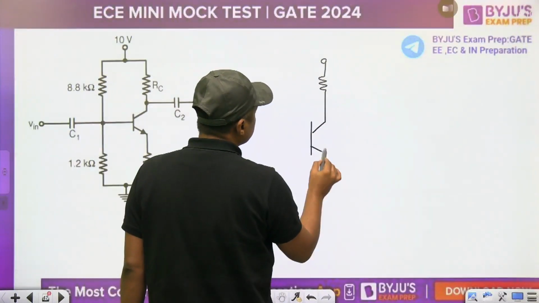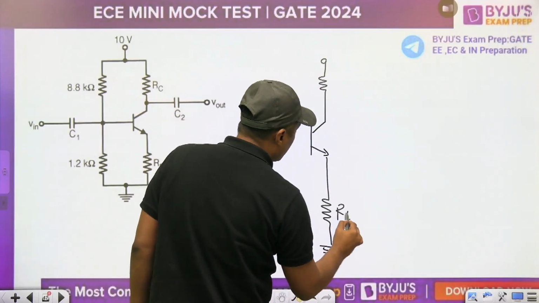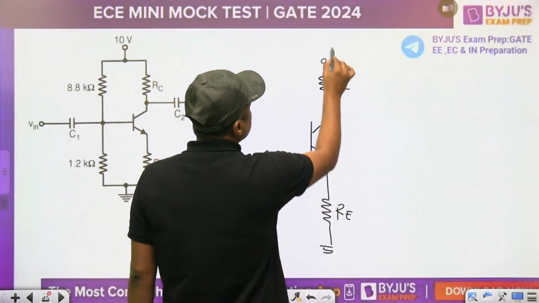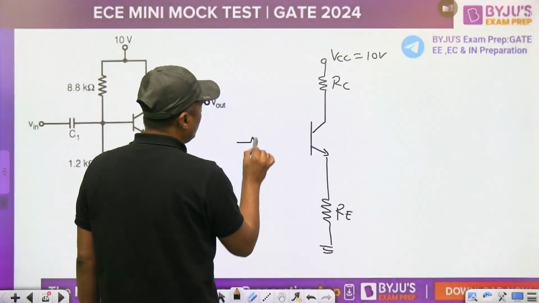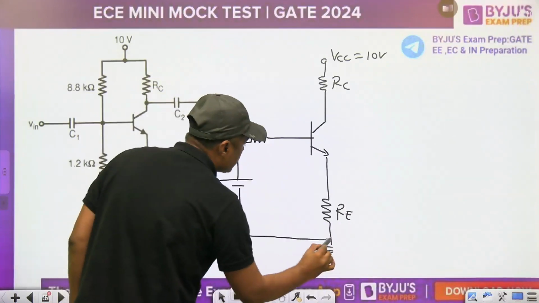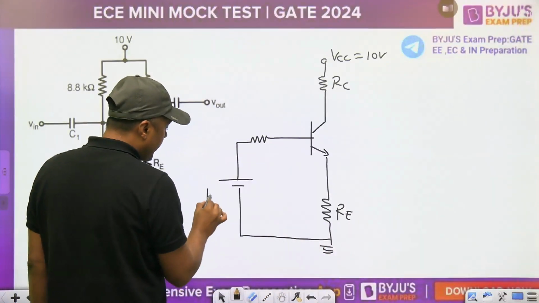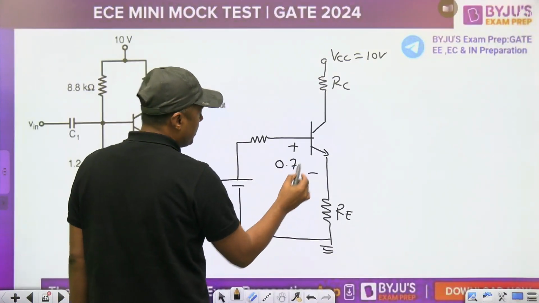Then finally, this diagram is converted into this one. This is RE, this is RC, this is VCC 10 volt. No need to find the RTH because there is no drop. Base current is 0. You have found this 1.2, this is 0.7 volt VBE.